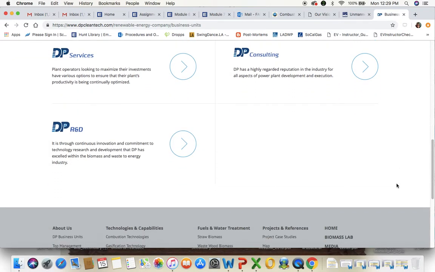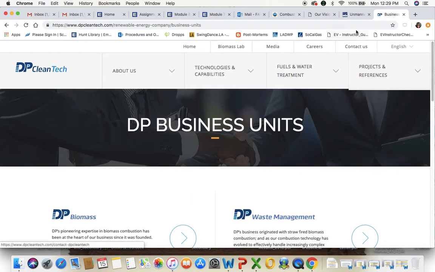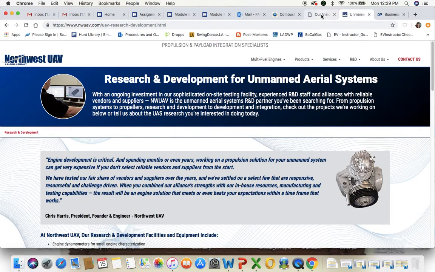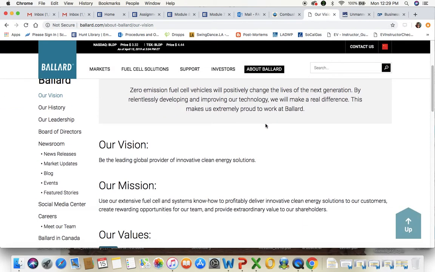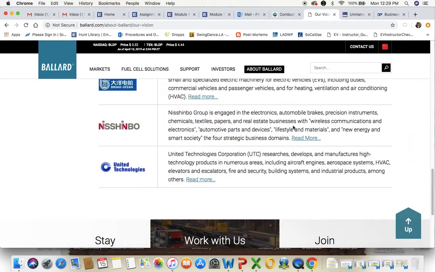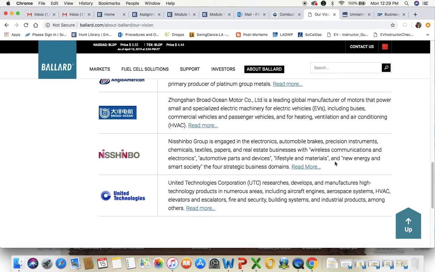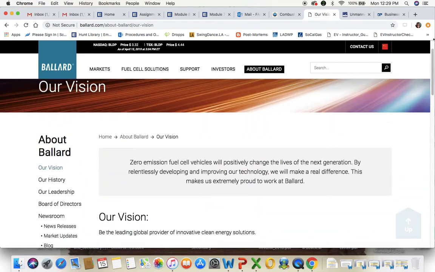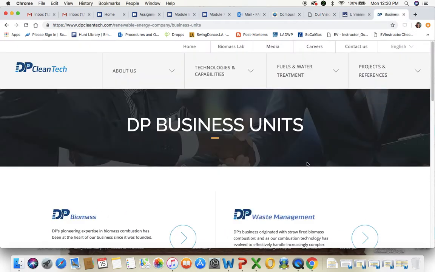But they seem to need more help than the Northwest UAV and potentially Ballard. Those, the Northwest UAV, they've got all these partners already that they're working with, whereas DP seems to be chugging along, like we're trying. So I'm just going to use them as a potential client.